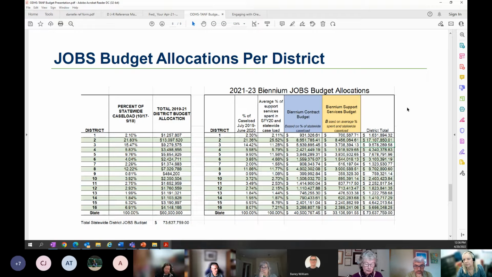We put a comparison chart of the prior biennium of what that allocation came out to be for each of those districts. And as you can see, we made a very pointed effort to get more of these dollars out to the districts this biennium than last biennium.